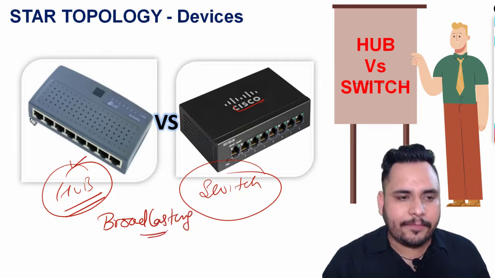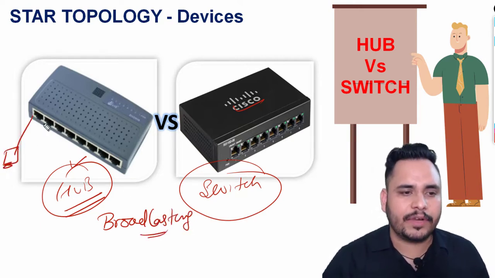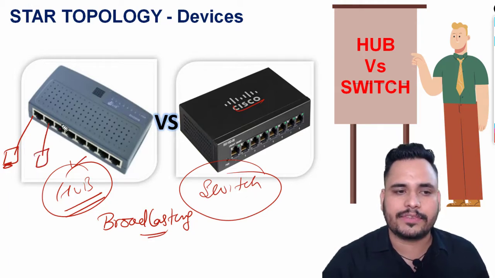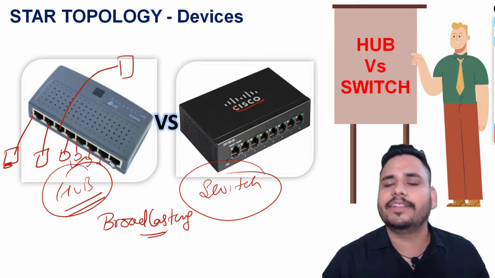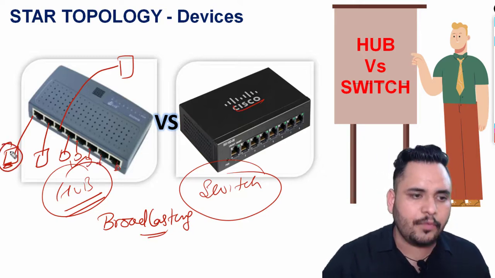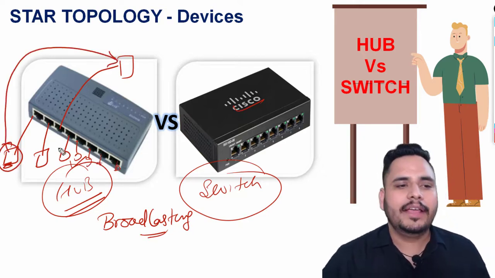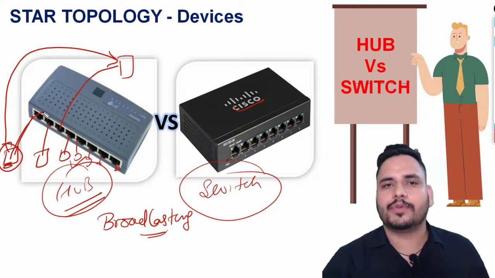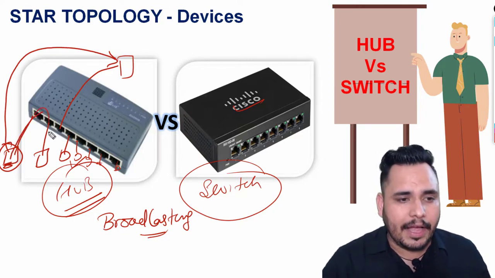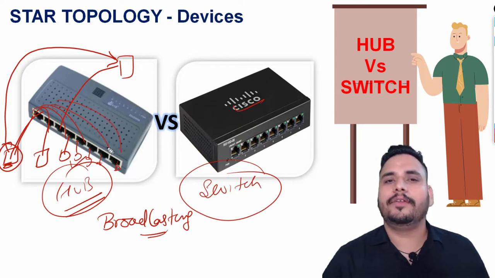Broadcasting means if my first PC is connected to the first port, second PC to the second port, third to the third, and so on up to the eighth, then if the first PC wants to send data to the third, the packet arrives on the hub, and the hub always broadcasts to everyone.